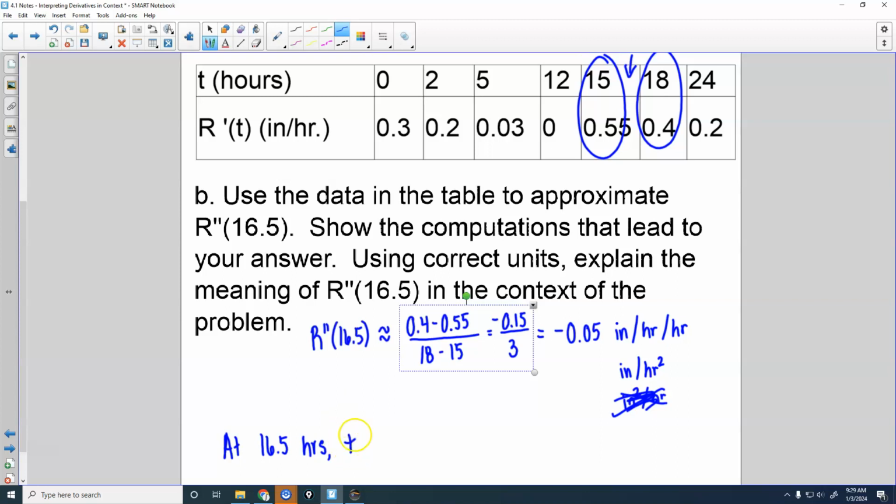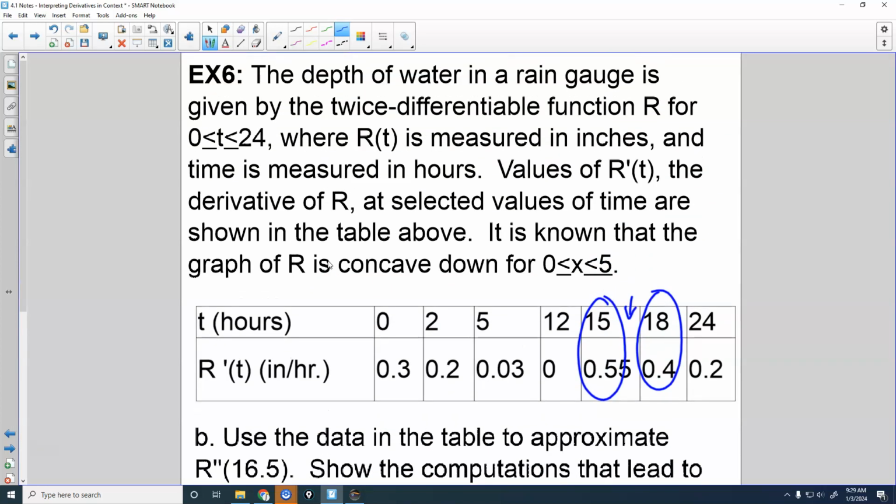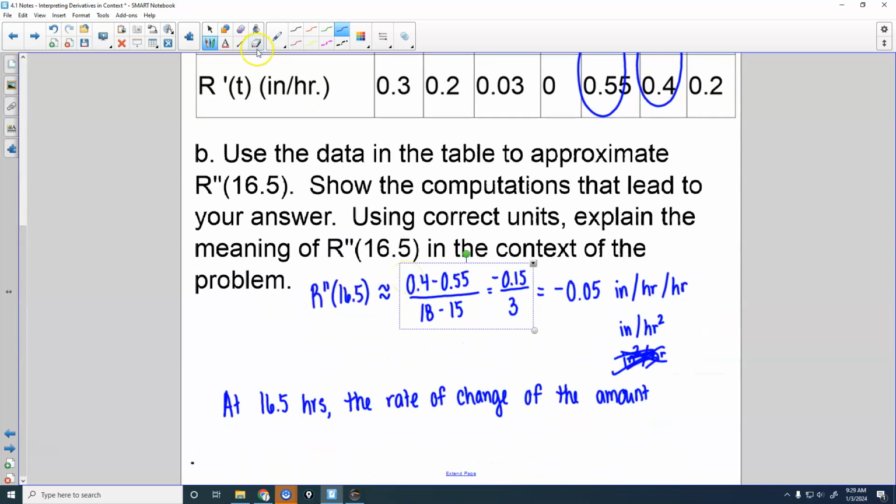So the rate of change of the amount, or I guess it's height, isn't it? Depth. Let's use the words they use.